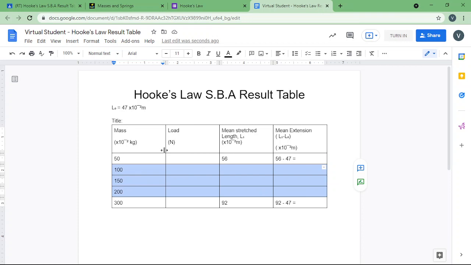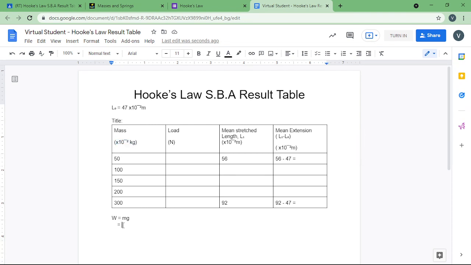Good. And you should know how to convert from kilogram to load, and you must show a sample working. I will accept W is equal to mg. So therefore mass, let me just get this down here.